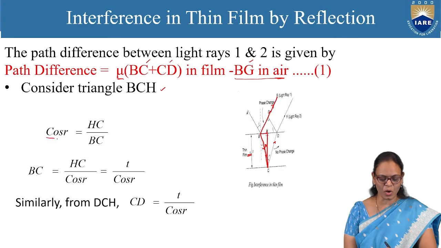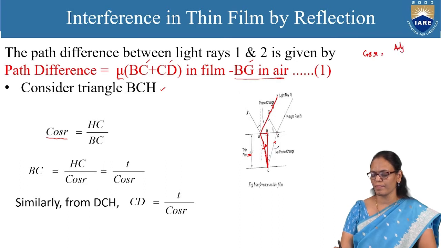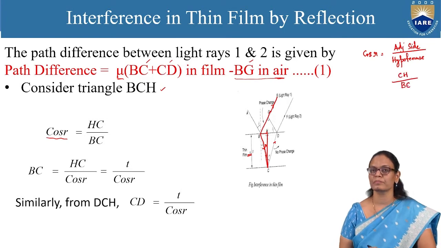So when we write cos R, cos is always adjacent side upon hypotenuse. Which is the adjacent side for R? CH, and the hypotenuse is BC.